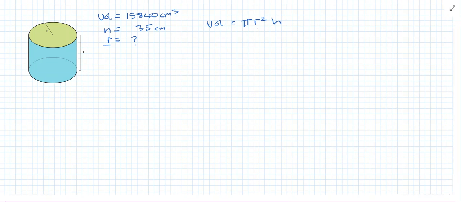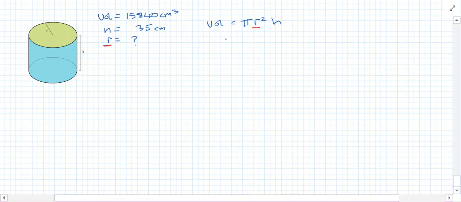So what we can actually do is use this formula to figure out the radius, the unknown. So what we do is we just take what we have and we plug it into the formula.